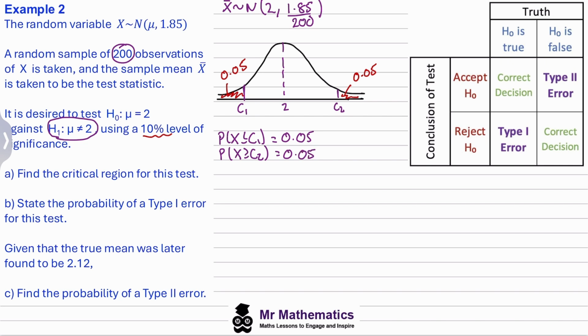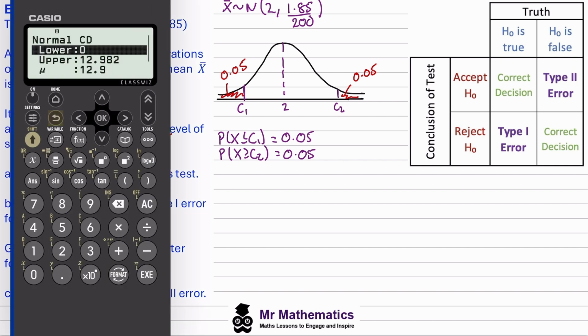And we can work out each of these using the inverse normal. So we'll go back again, inverse normal. The area for C1 is 5%, mu is 2, and the standard deviation is the square root of 1.85 divided by the 200. And this will give us C1, I'll show on a diagram as 1.842.